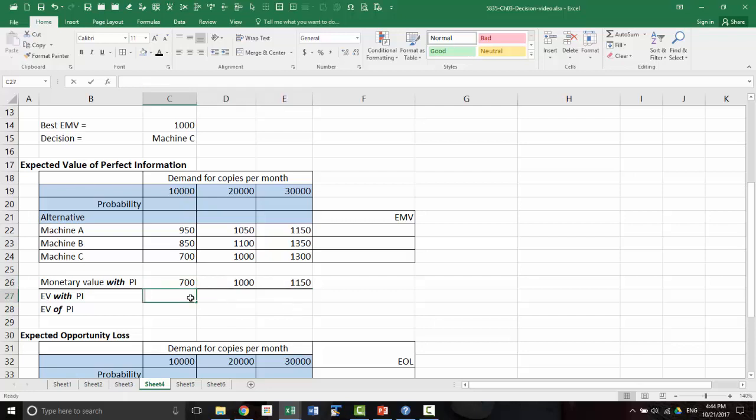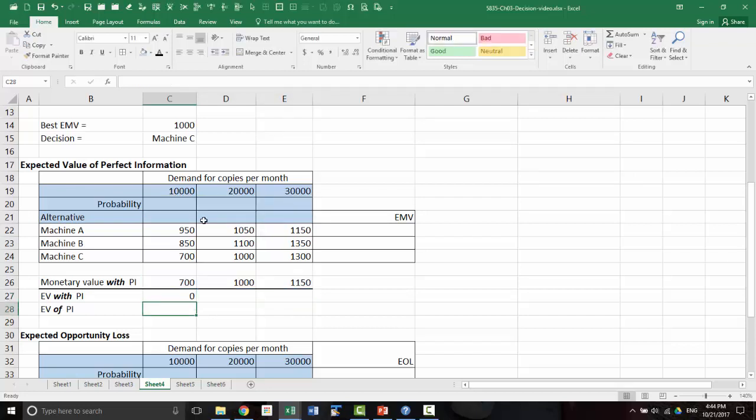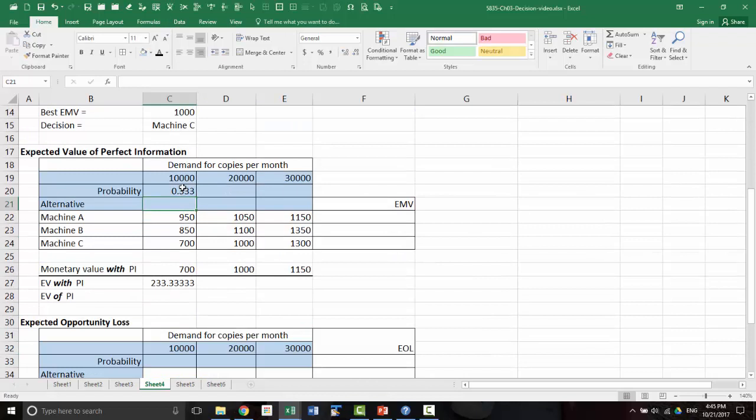So now if you do a sum product of the best outcome under each state of nature and the probability, of course we have to fill out the probabilities, which I will in just a second. So let me get these probabilities from here. Then what you get is the expected value with perfect information.